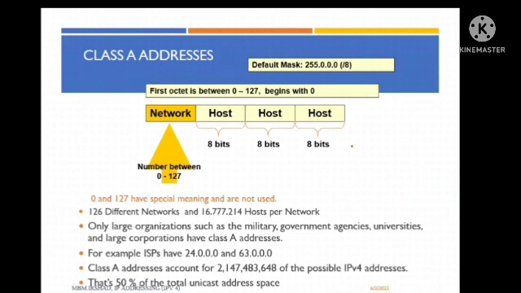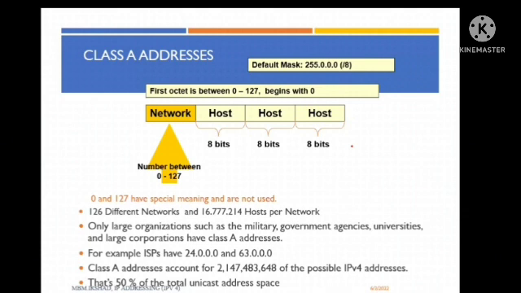For class A, the first octet always refers to the network, and the rest are for hosts. 0 and 127 have special meaning and are not used.